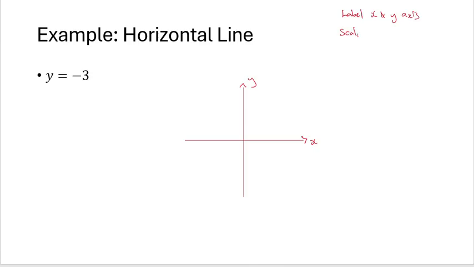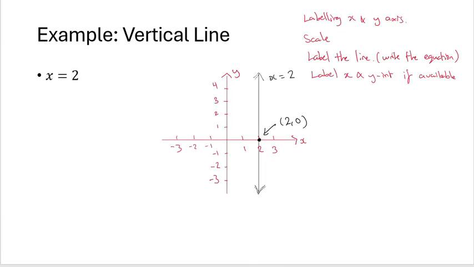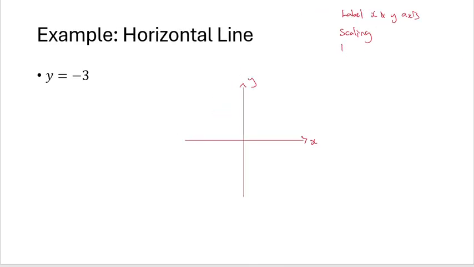Next thing, scaling. What was the other point? Label line. Write equation. And then label x and y intercepts if able.